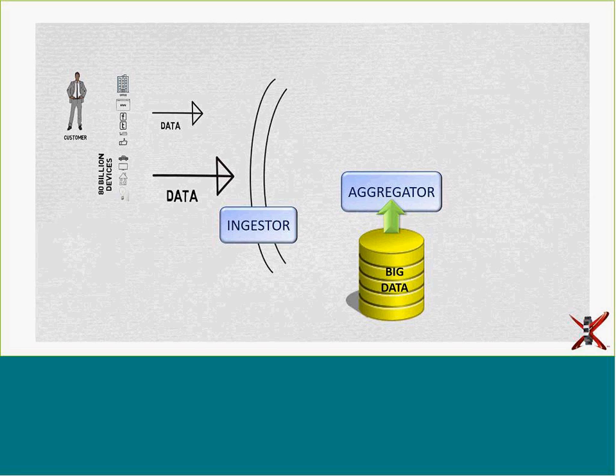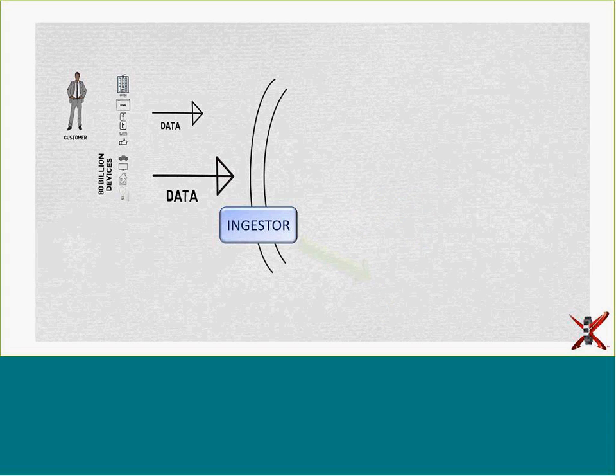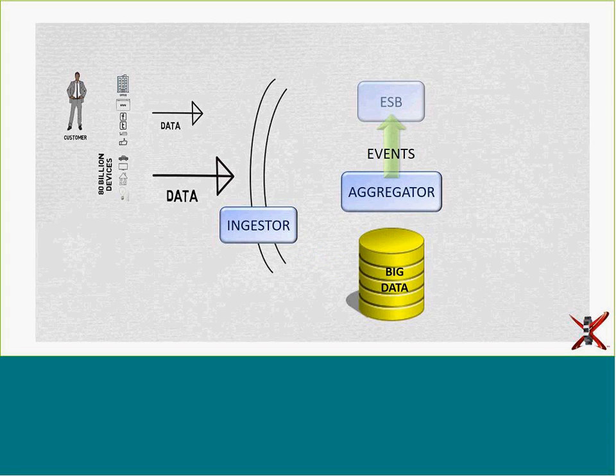Next is the aggregator. And this is one of the key elements of the architecture. It's always running, always analyzing in real time the data that we have in our big data repository. And it's generating events that go into our enterprise service bus. That enterprise service bus is made of a number of microservices, or it's interfacing to a number of microservices. Some of these are common components that we will use in all our applications.